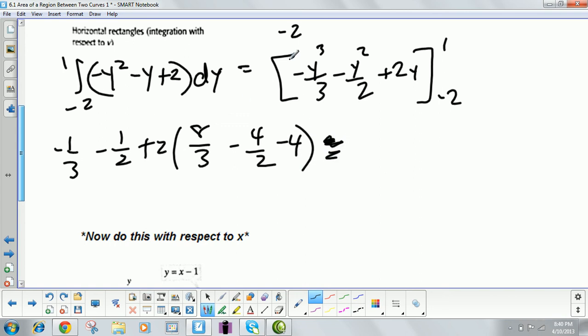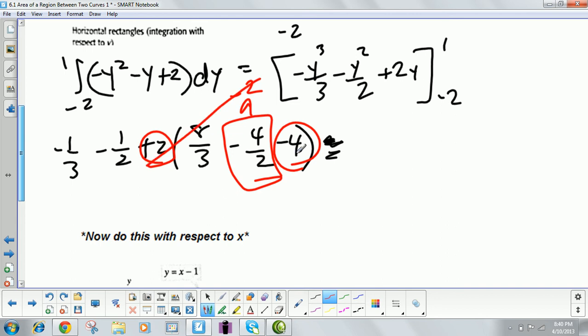So if you look at some of this, the +2 and the -4 could go together, and even this right here, because really this is just -2, so those cancel, and you're left with just -4. Then also the 8/3 and the -1/3 give you +7/3. And so basically what you're doing is taking 7/3 plus -1/2, and when you simplify that, that gives you 9/2. That should be your final answer.